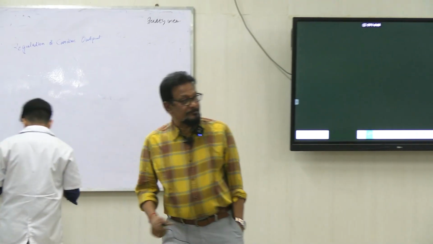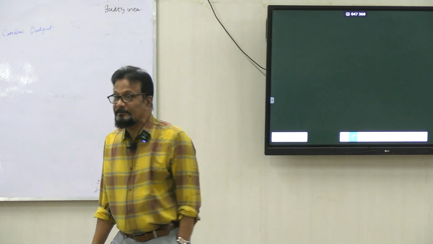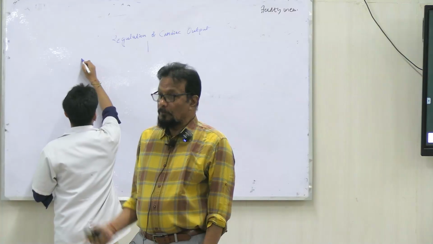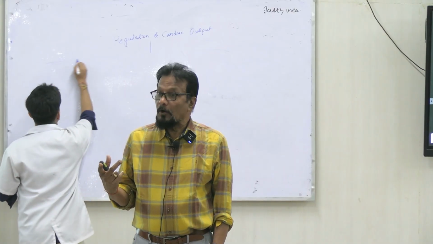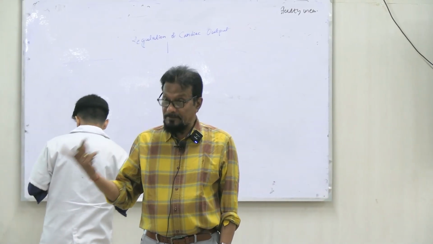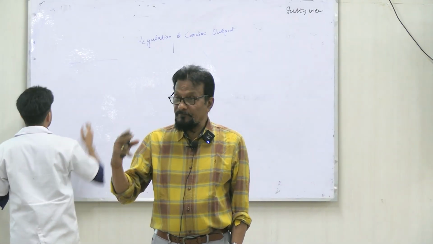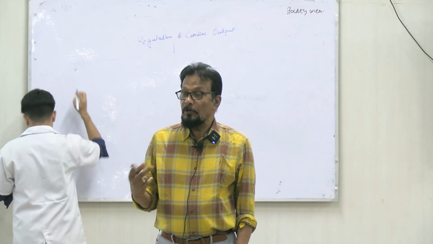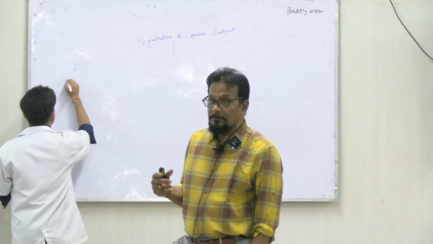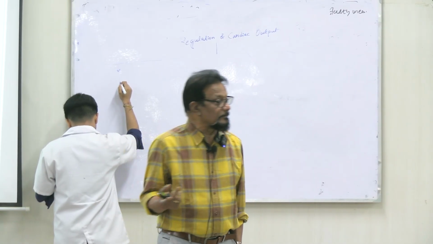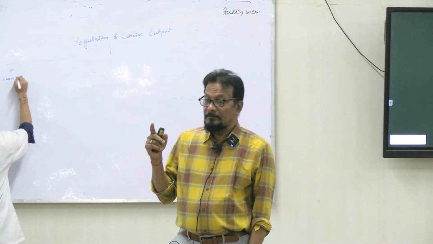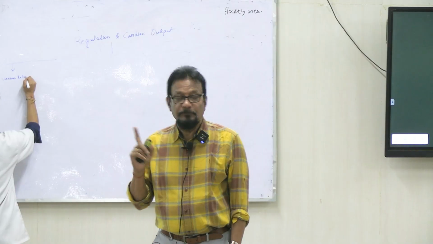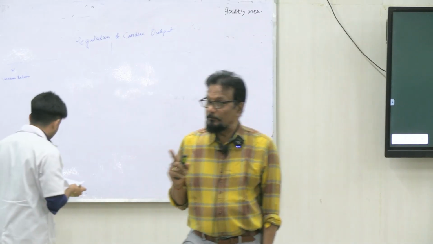Cardiac output means the amount of blood ejected in circulation from the ventricle during each beat or in 1 minute. If it is during each beat, we want to know the amount of blood ejected into circulation by each ventricle during each beat, then it will be called stroke volume.